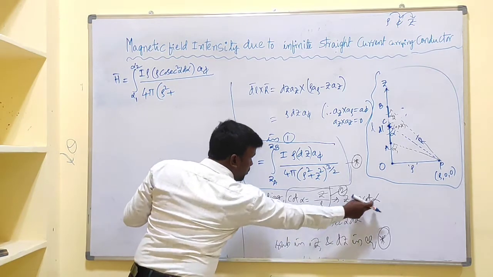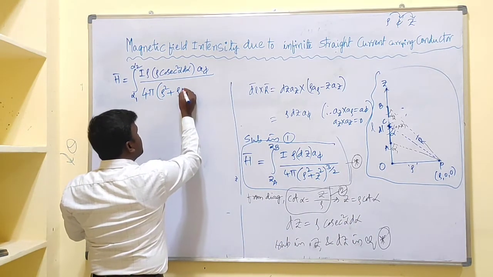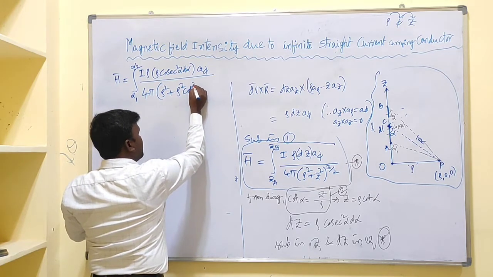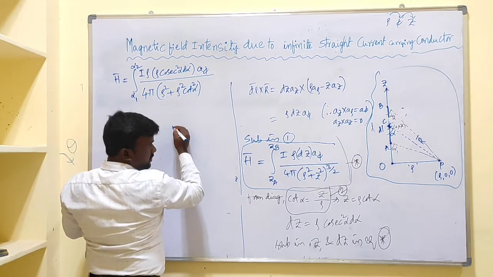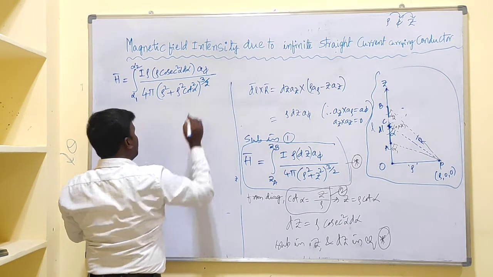Z is rho cot alpha, so z square means rho square cot square alpha, whole power 3 by 2.